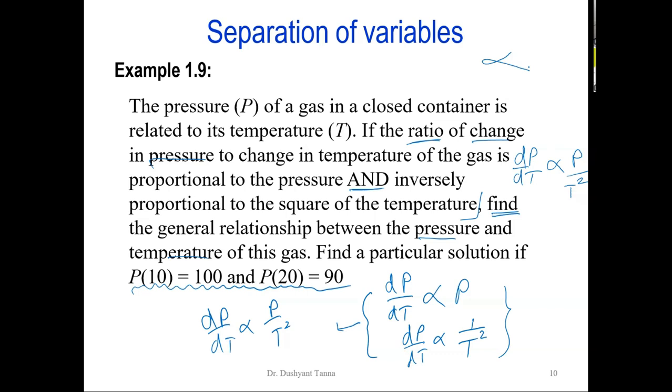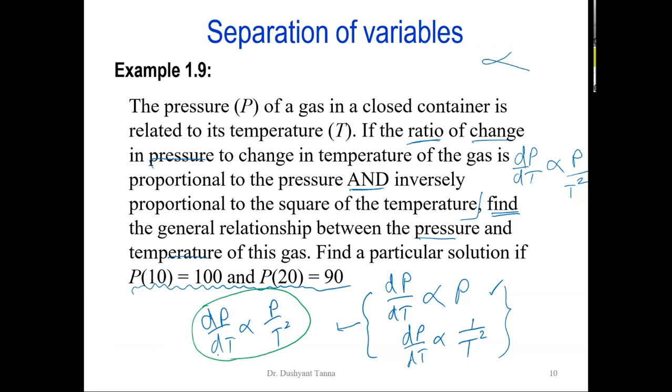Proportionate to the pressure, like I've written here, and inversely proportional, that means it's going in the denominator, to the square of the temperature, or 1 over T square. Then you combine this and make an equation that dP over dT is proportional to P over T square. You got an equation that is still in proportion, but you got an equation.